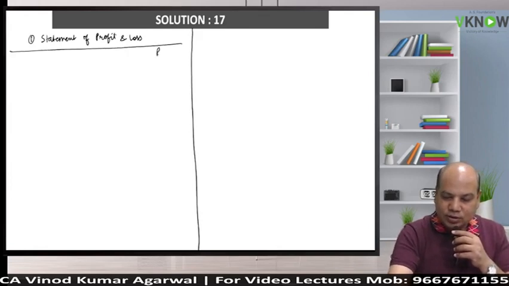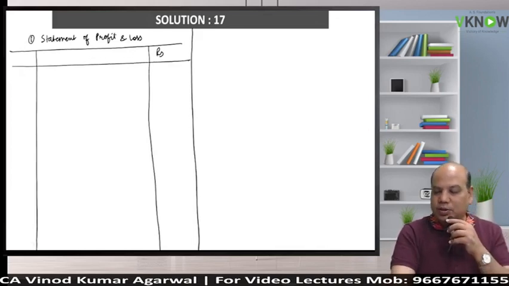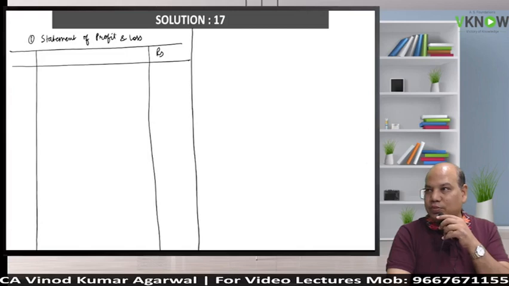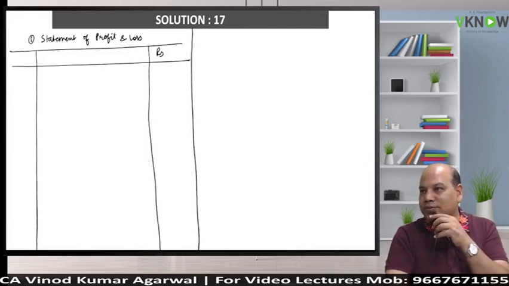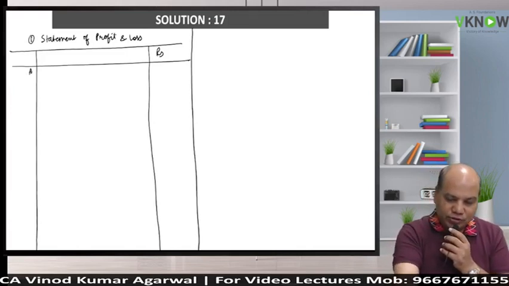To answer the different questions, I will require EBIT figure, EBT figure, contribution figure. So that will come from statement of profit and loss. So first I will give you the chance to complete sales less variable cost. You have to complete the table.